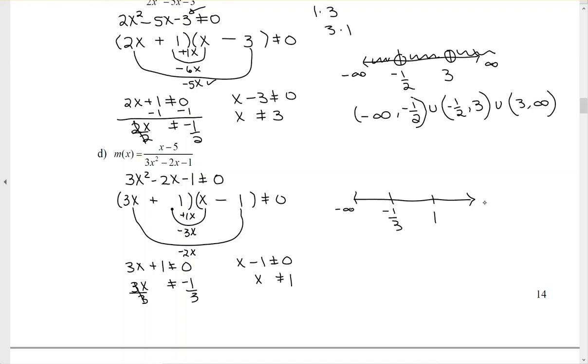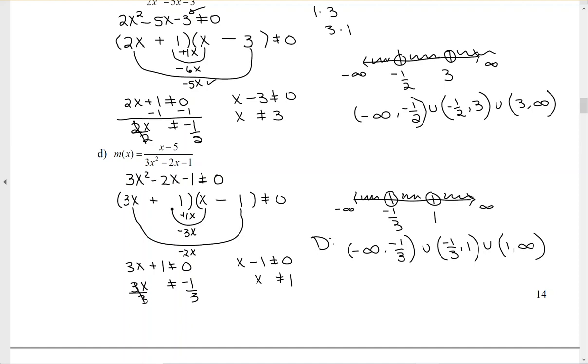I have -infinity out here, +infinity out here. These are the two numbers that you can't use. Everybody else you can. So it's -infinity to -1/3, or pick it back up in the middle here, -1/3 to 1, or 1 out to infinity. And that would be the domain for that function.